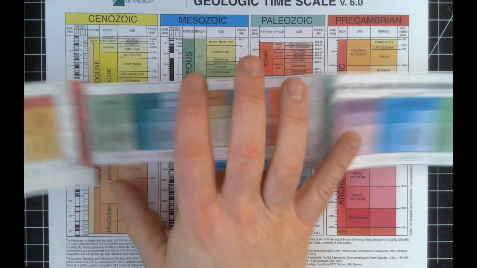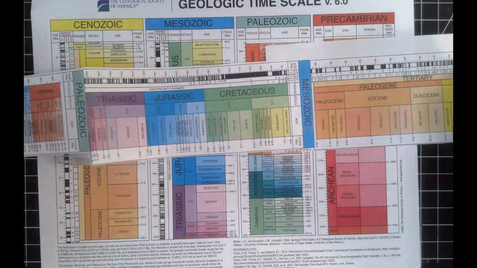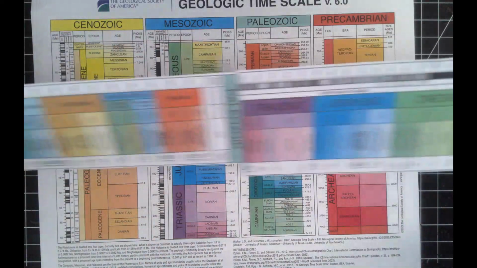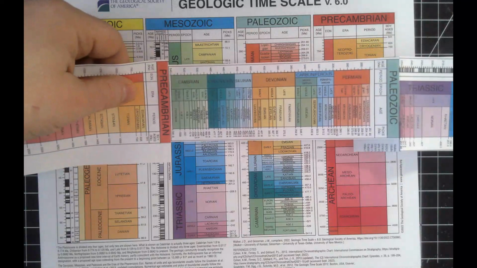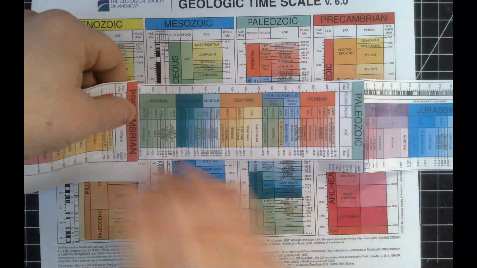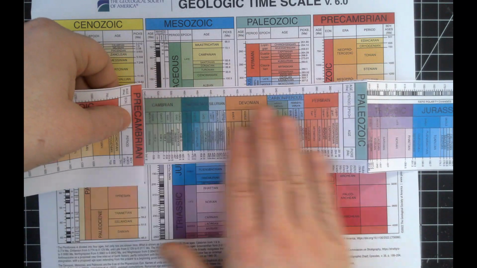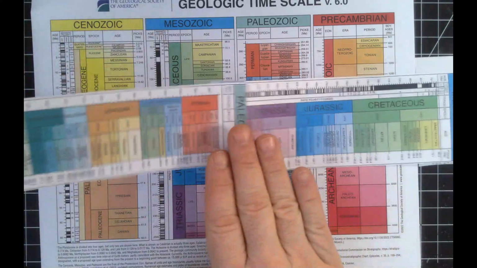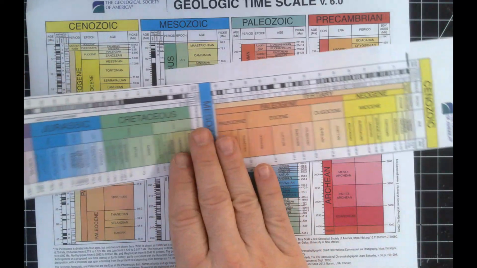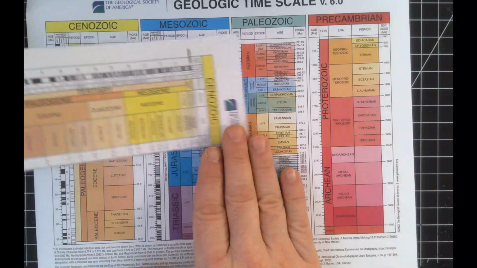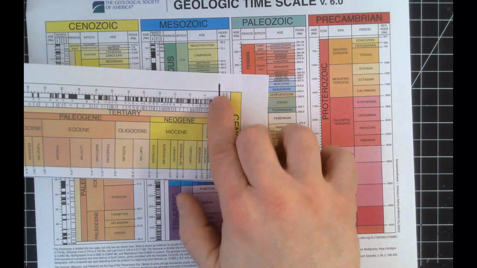And then we break it down into these other sections here into some smaller units. The last 10% of Earth's history past the Precambrian, we get into our Paleozoic era, our Mesozoic era, and then finally our Cenozoic era, all the way up to present day.